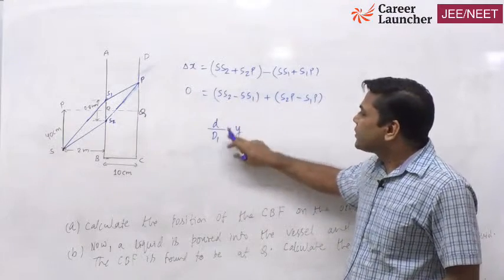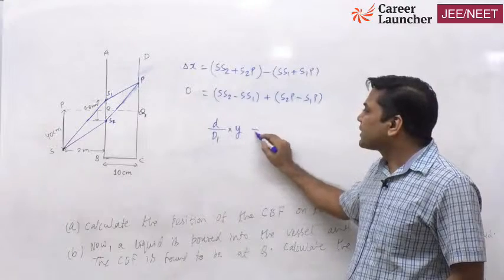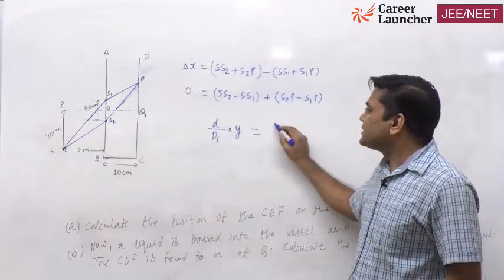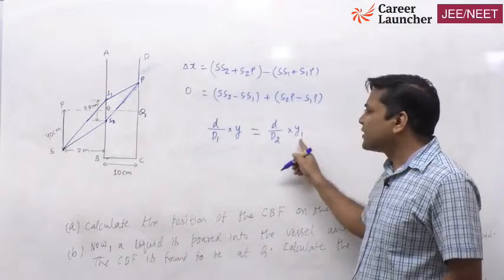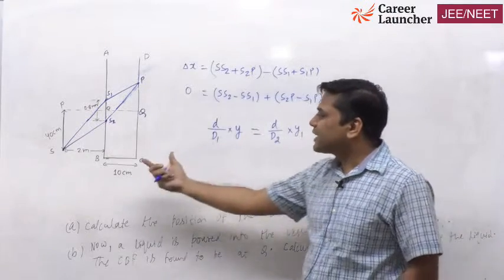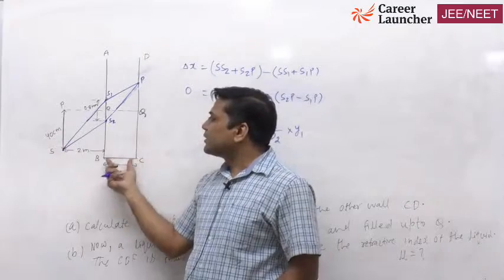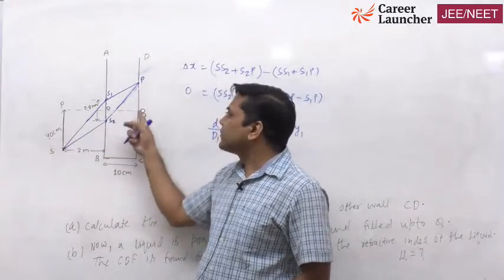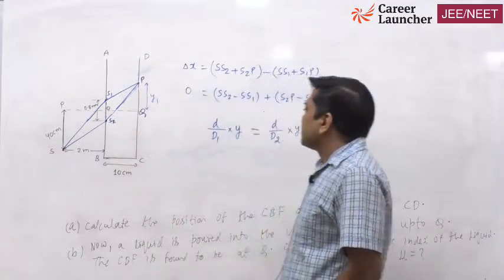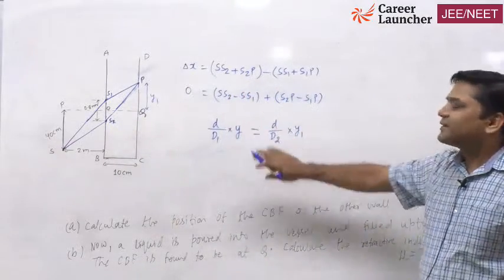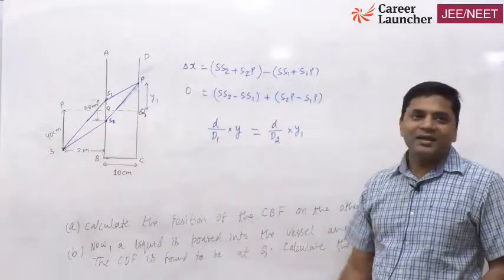So what is the magnitude of this? D by D1 into Y, and the magnitude of S2P is D by D2 into Y1. I have used Y1, I remember. So this is D1 I have taken now, this is D2, and this is Y and this is Y1. You should have started from here itself to solve this question, A part.